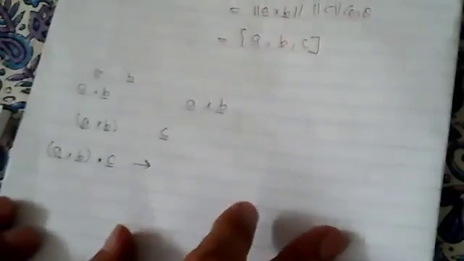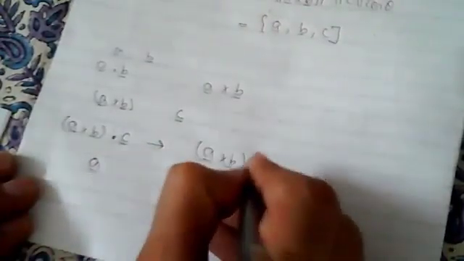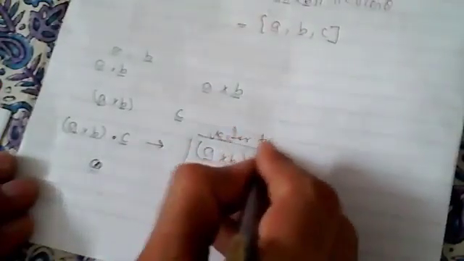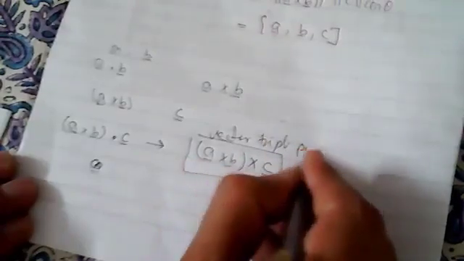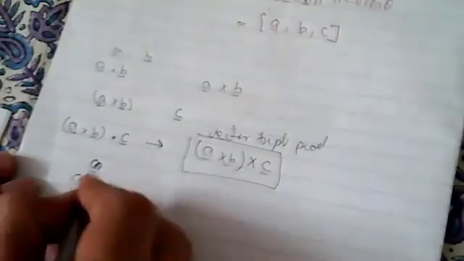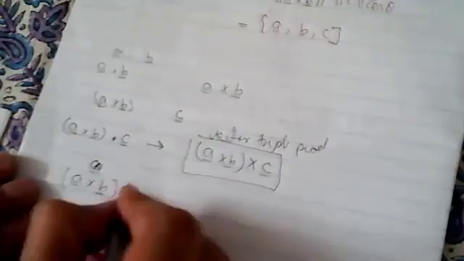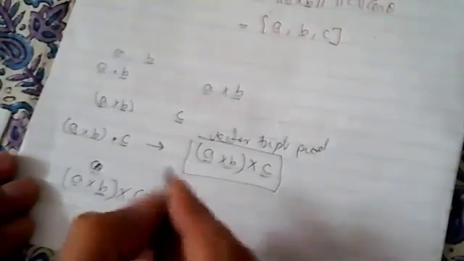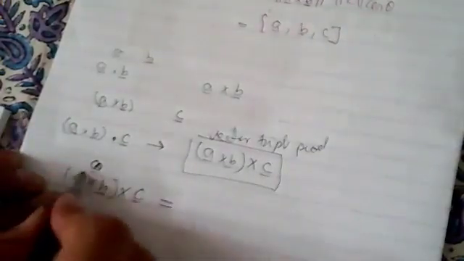What happens if you vectorially multiply? A cross B is a vector, C is a vector. When you take the cross product between them, that is called the vector triple product. This is very good. A cross B cross C, there is a relation between them.